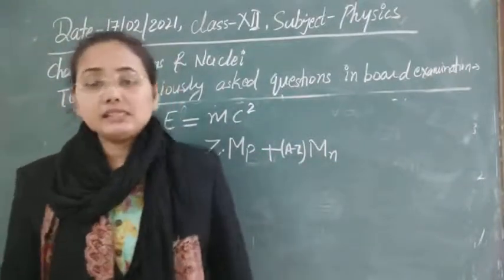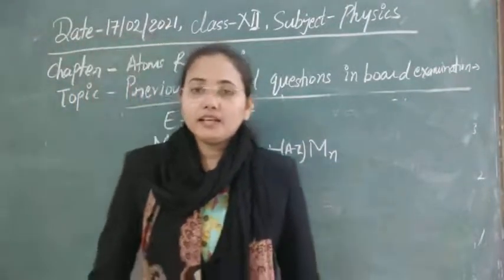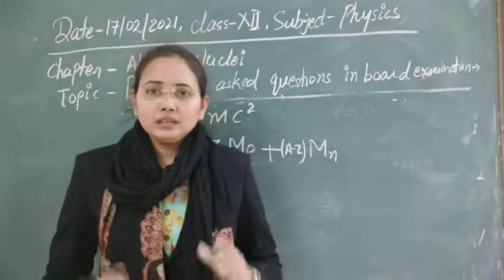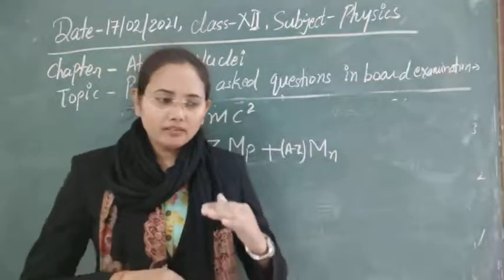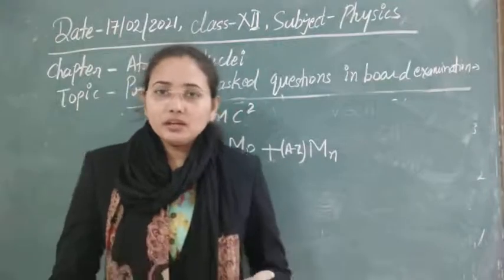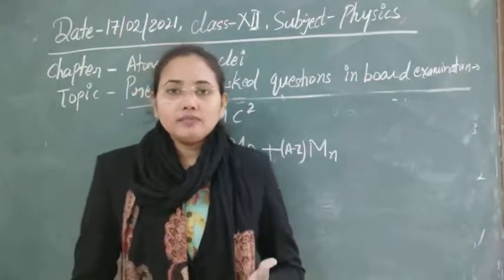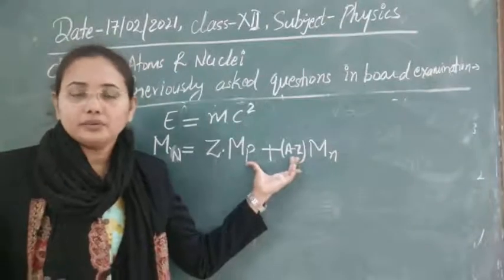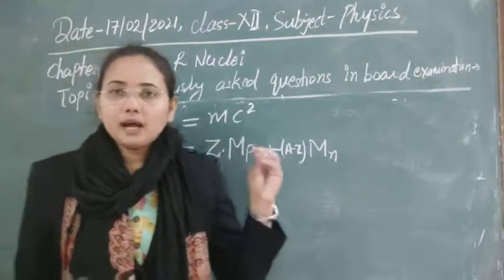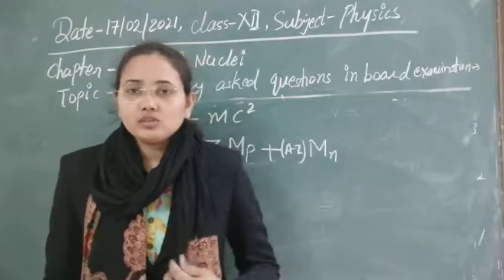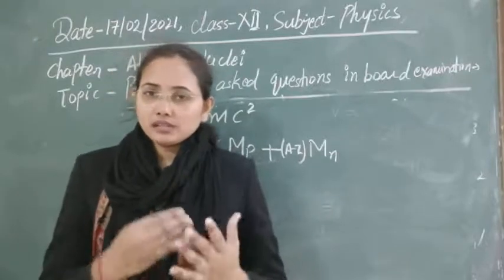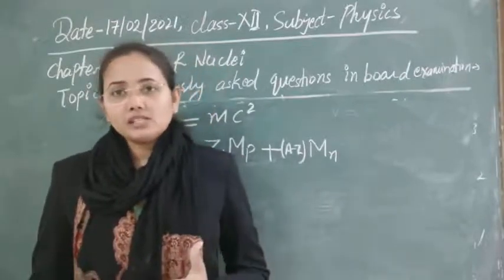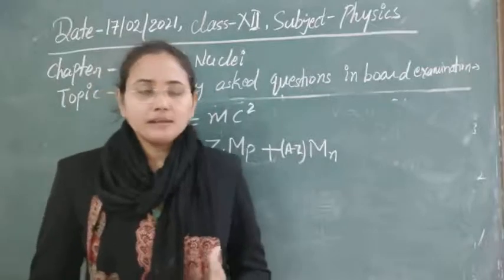But it has been seen that whenever we measure the nuclear mass, it is always reduced by some amount compared to the sum of its constituent protons and neutrons. It means that some of the mass is used somewhere. This used or reduced mass is known as mass defect in the case of a nucleus.